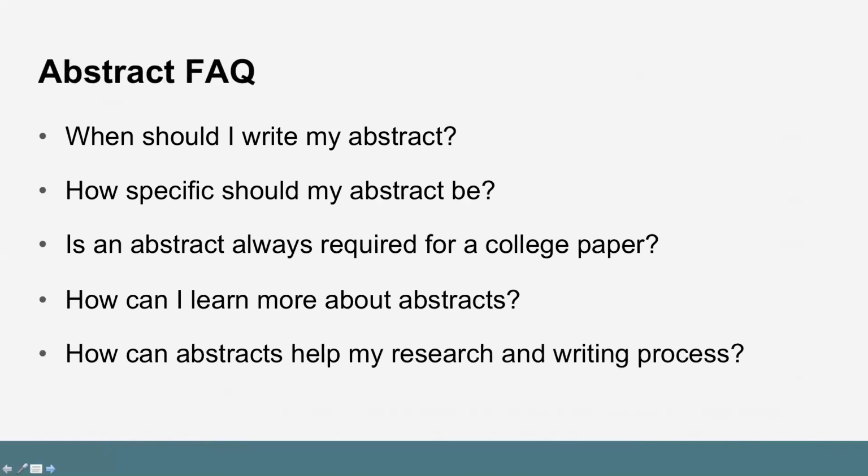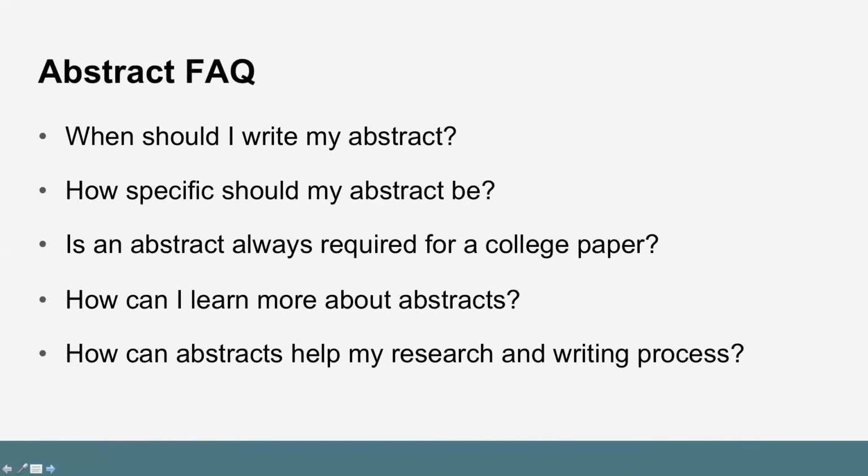Okay, and then, how can abstracts help my research and writing process? We've already gone over some of these answers, but I thought I'd repeat them. One is that reading abstracts can help you decide whether to spend time reading a 30-plus page article or not. Reading abstracts can also help you decide which studies are relevant to your project.